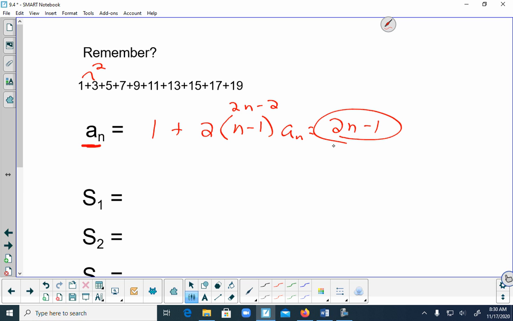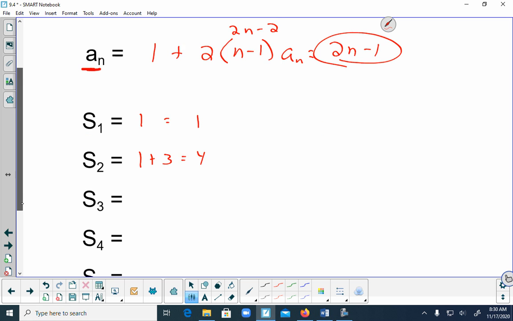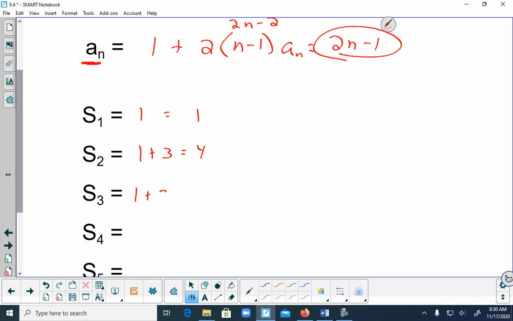Then if I want to find the sum, the first term is 1, and that'll just be 1. To find the second sum, I take 1 plus 3, and I get 4. For the third, I take 1 plus 3 plus 5, and I get 9. Then 1 plus 3 plus 5 plus 7, and I get 16.